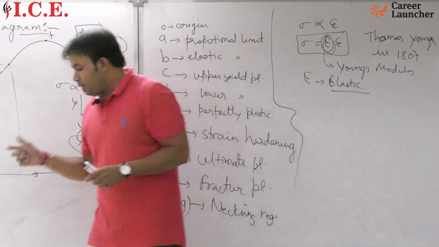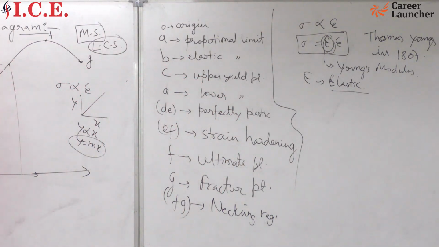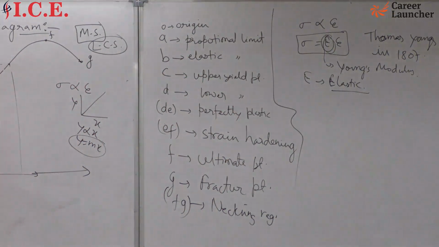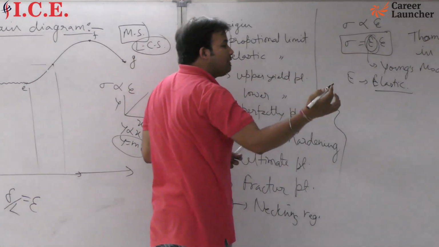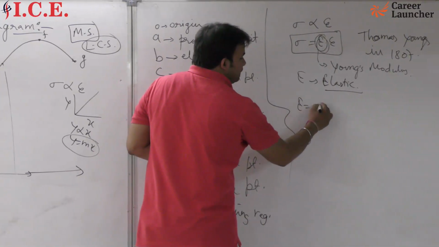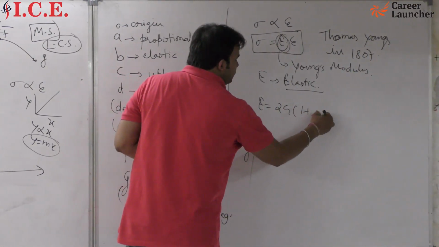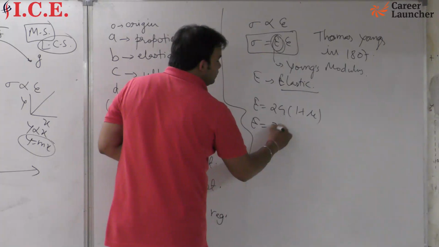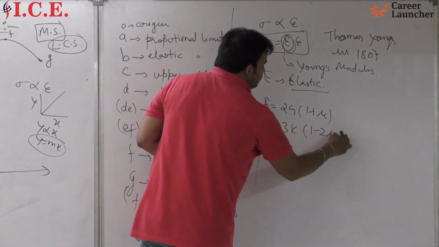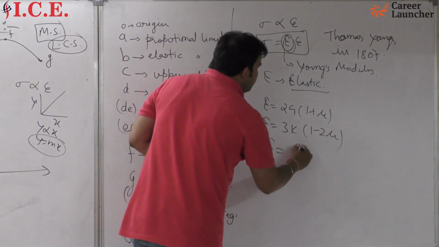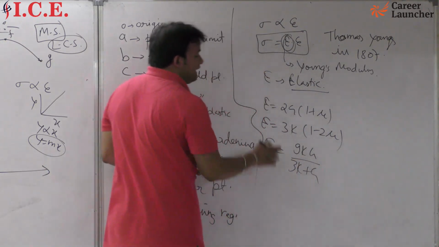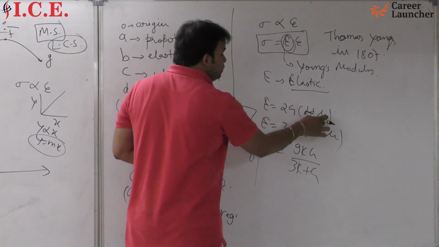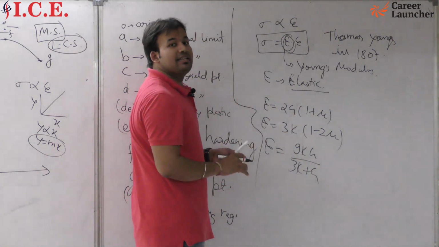यानी जो भी प्रॉपर्टी जैसे स्ट्रेस और स्ट्रेन के बीच में रिलेशनशिप बताएगी, that will be your elastic properties. Like sigma is equal to E epsilon, right? And after some time you will have three types of equation, E is equal to 2G(1 plus mu), E is equal to 3K(1 minus 2 mu), E is equal to 9KG upon (3K plus G). ये सारे के सारे प्रॉपर्टी, E हो गया, G, mu, K, ये सारे के सारे क्या इलास्टिक कांस्टेंट है.